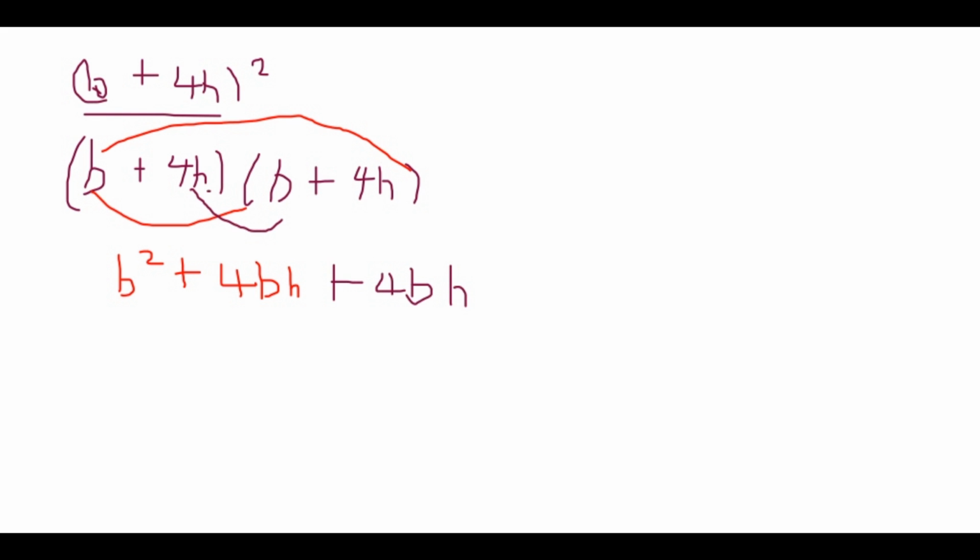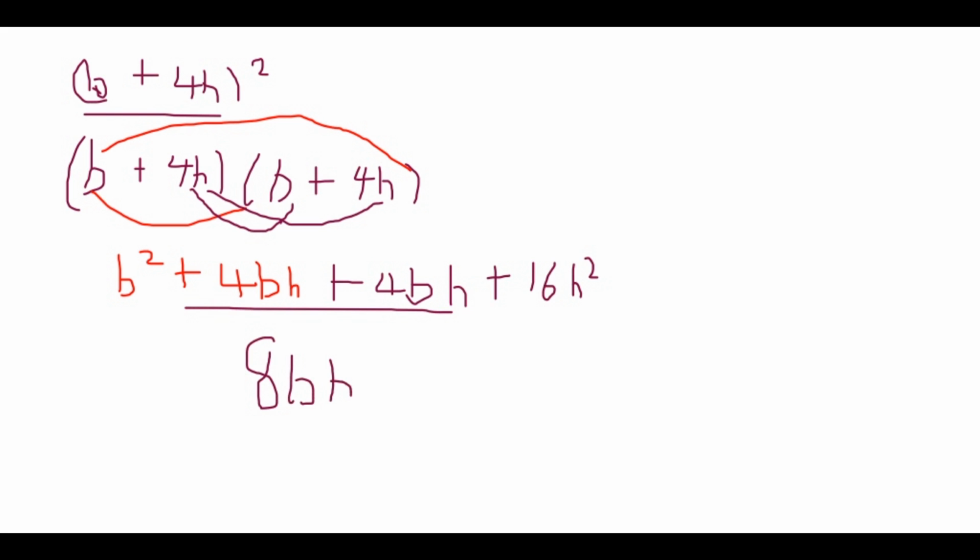Then 4h times 4h is going to give us 16h squared. If we combine like terms, we'll have 8bh. So therefore our expansion is going to be b squared plus 8bh plus 16h squared as the expansion.